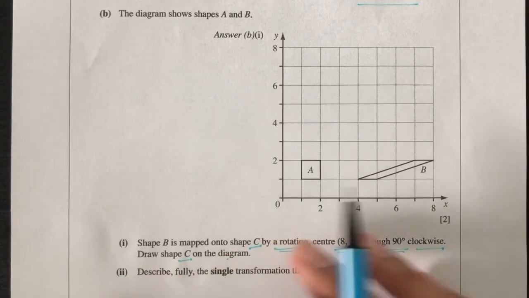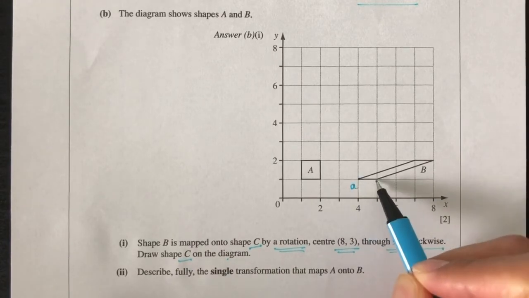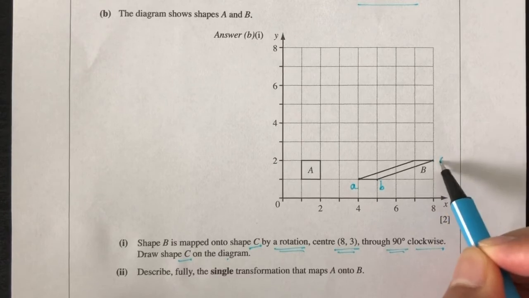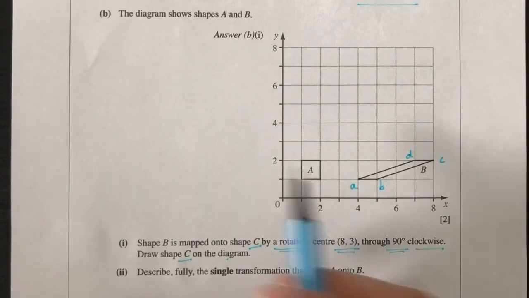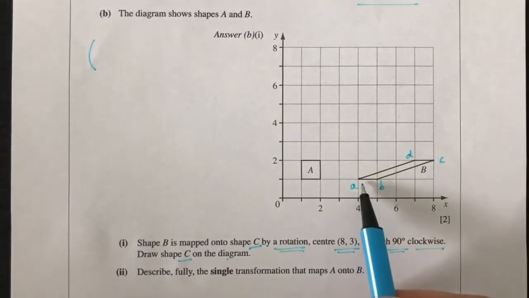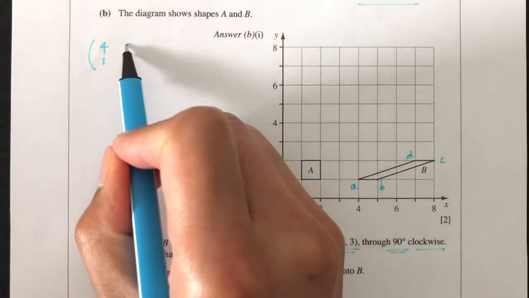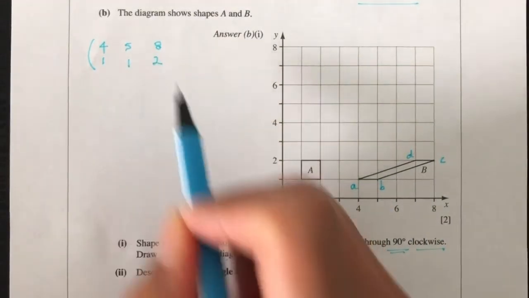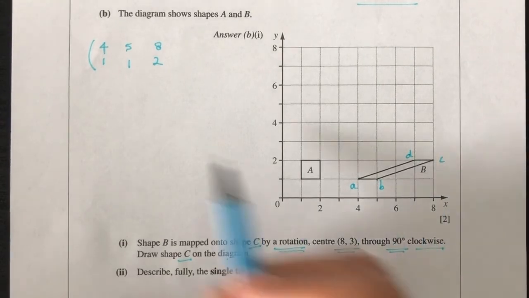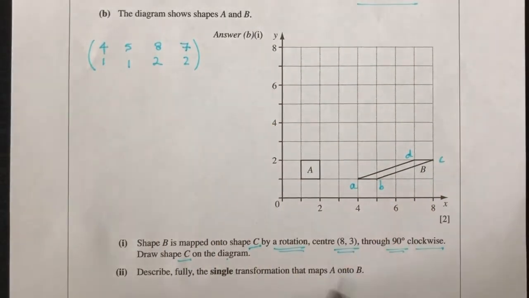So what I do is I first label those points. This is point A, point B, point C, and point D. So what are the points of my shape B? First one is A, which is 4, 1. And B will be 5, 1. C is 8, 2. And D will be 7, 2.